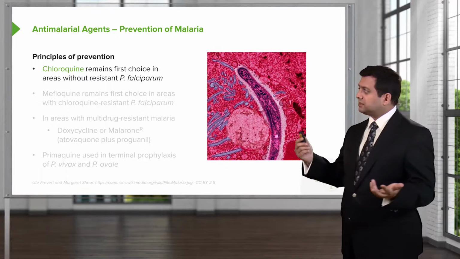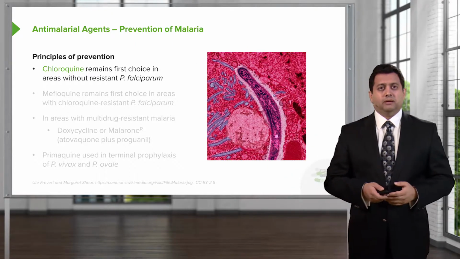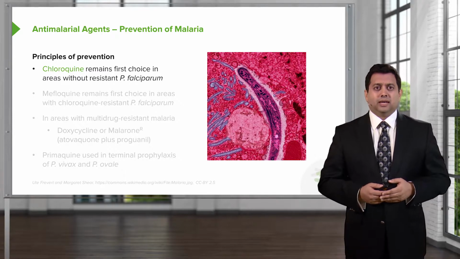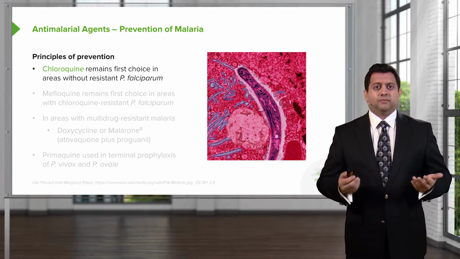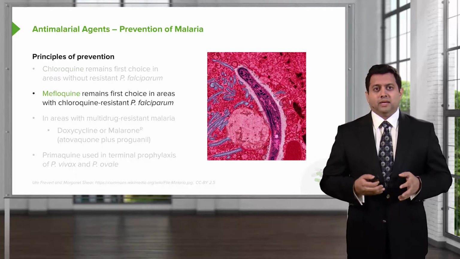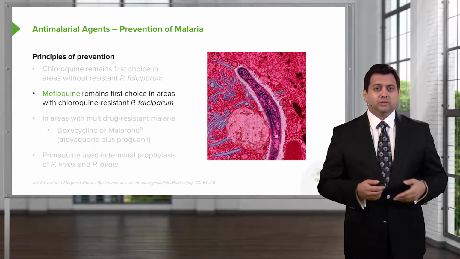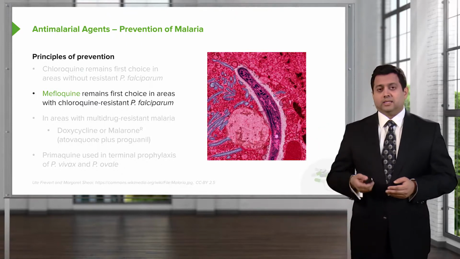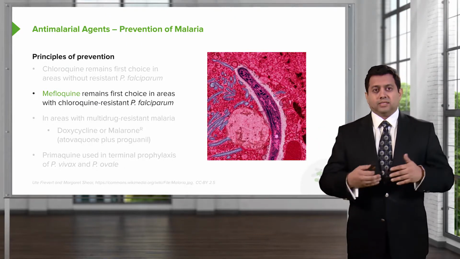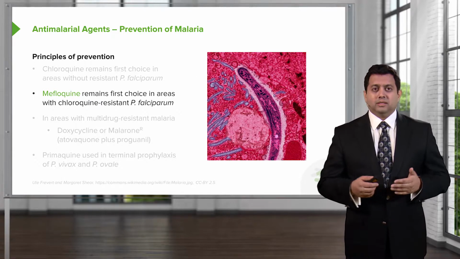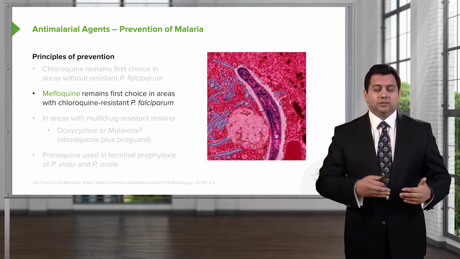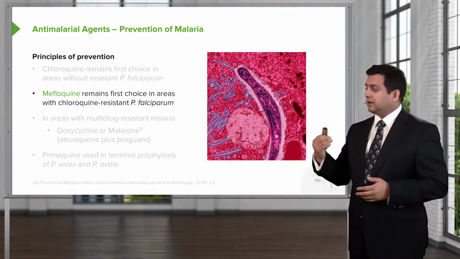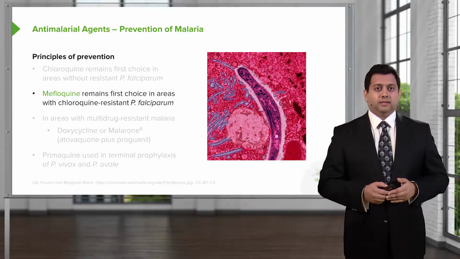In terms of the principles of prevention behind malaria prophylaxis, chloroquine generally remains the first-line choice in areas without resistant Plasmodium falciparum, and mefloquine remains the first-line choice in areas with chloroquine-resistant Plasmodium falciparum. And in terms of travel from the United States to other countries, mefloquine is actually used more commonly than chloroquine simply because the travelers seem to be traveling more to those chloroquine-resistant P. falciparum areas.